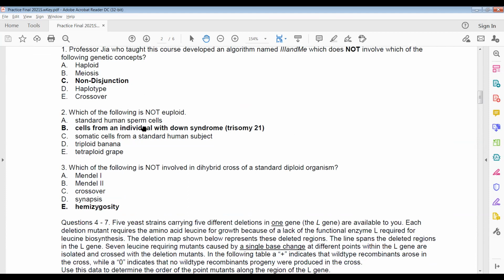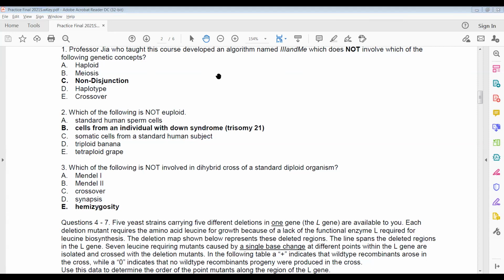The second one, all right. Which of the following is not euploid? This question is testing if you understand the definition of euploid or aneuploid. I hope you can see my screen.